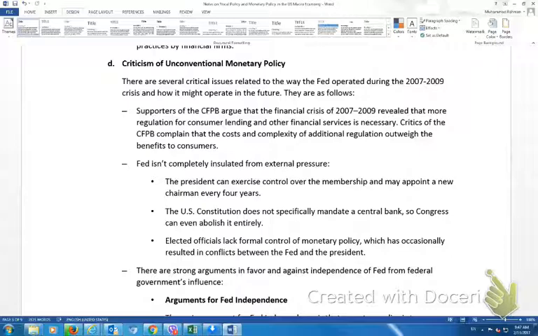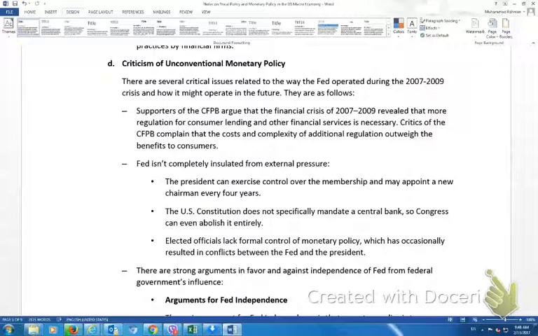But that's obviously not true, and we should all understand that. The president can exercise control over the membership and may appoint a new chairman of the Fed every 4 years. The chairman of the Fed is a political post, and you have to have Congress approval to appoint a new chairman. So it is obviously a political process.